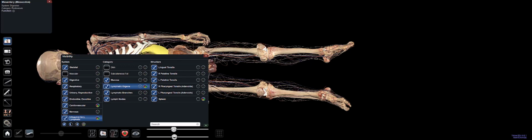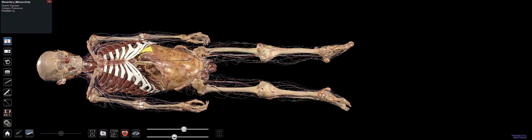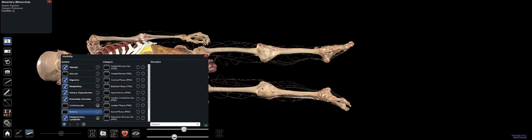it says they're on here, so let's give him back some of his lymph. And you can see some of the lymph vessels. If I get rid of cardiovascular, but I keep the lymph system, and I get rid of nervous, I want to see those. Let's color the lymph blue.